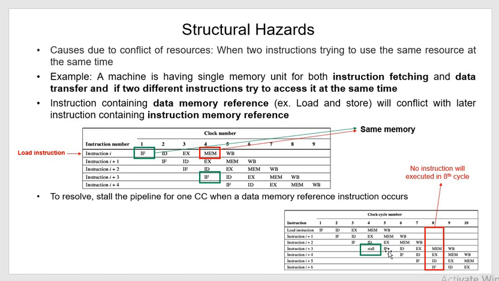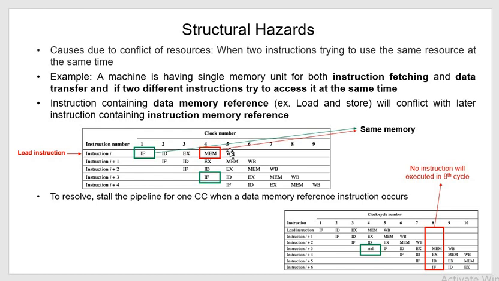But due to the structural hazard, due to this stall, this delay, the execution of the third instruction will be in the 9th clock cycle instead of the 8th. So during the 8th clock cycle, no instruction will be executed. So if we assume that we have 4 or 5 instructions in the program, then what were we expecting?